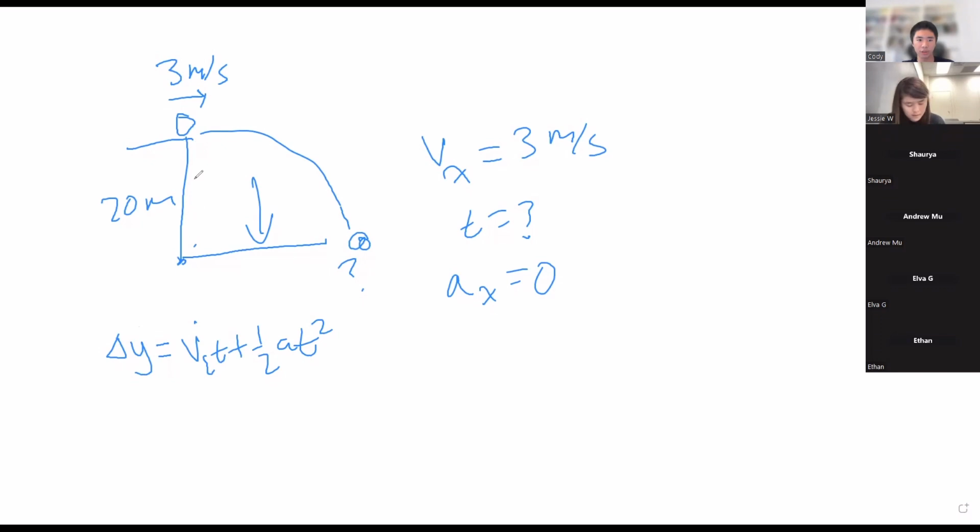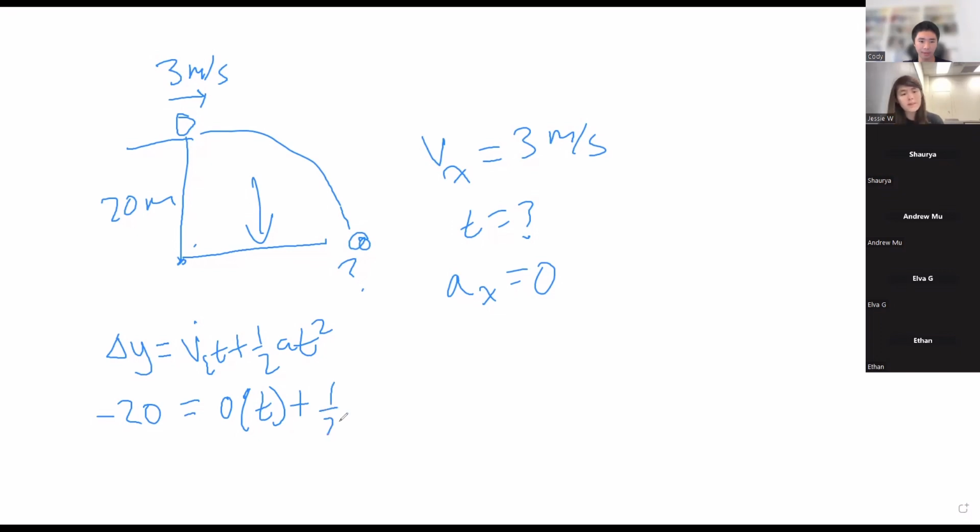It drops 20 meters, so that means it's -20 for the displacement. Initially in the y direction, it's not moving, because the rock is moving 3 meters per second outwards, it's not going down. And we don't have time yet; we're still solving for time.